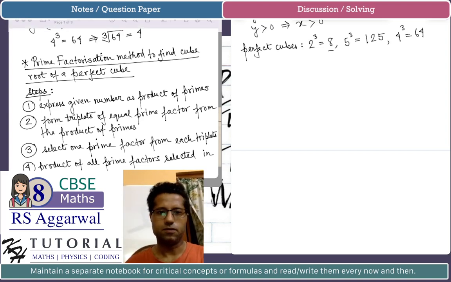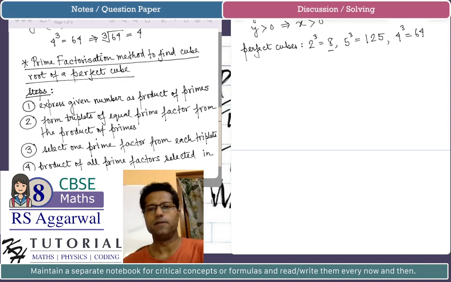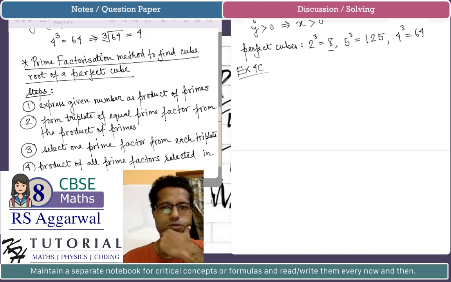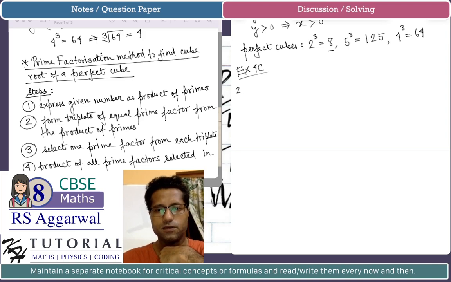Let me see if you can see it properly. I am solving some problems from exercise 4C as illustrative examples to explain the concept. Let's start with some simple examples. We have to find the cube root of 343.